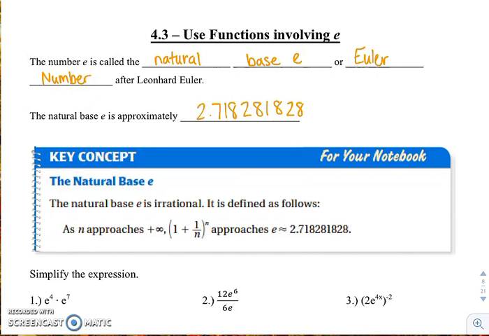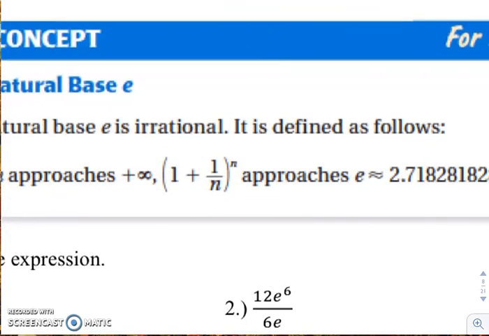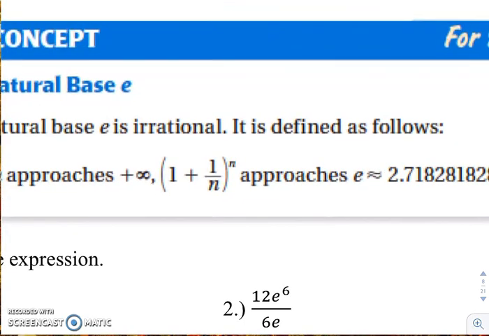As we use this value e in your key concept box there, the natural base e is irrational. It's defined by this expression, 1 plus 1 over n to the power of n.